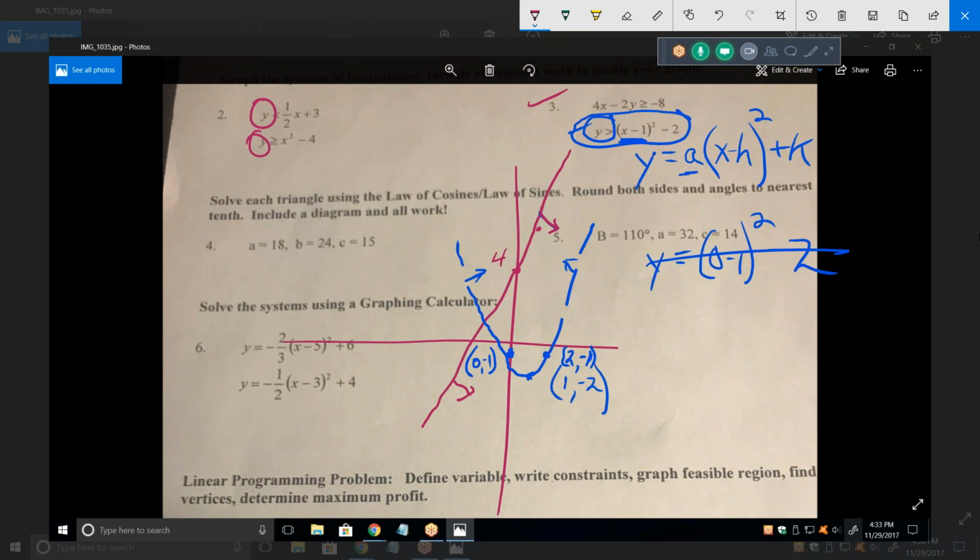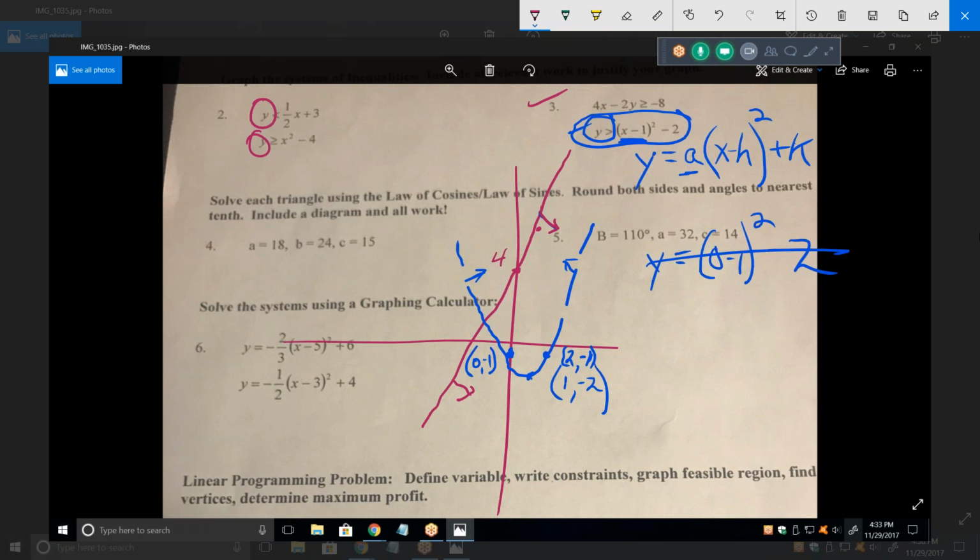It's not right or left, it's always above or below. So, read the instructions again for these two problems. Just graph the systems of inequalities.